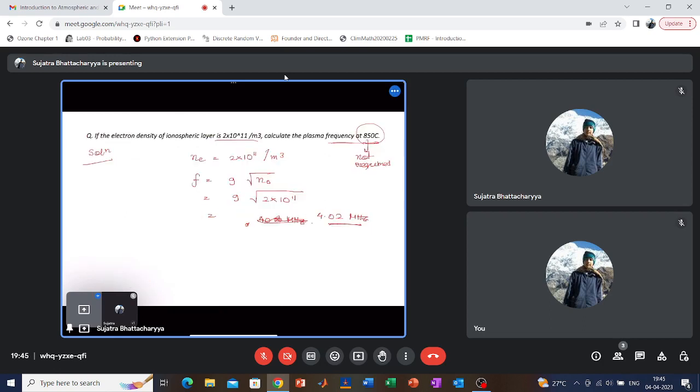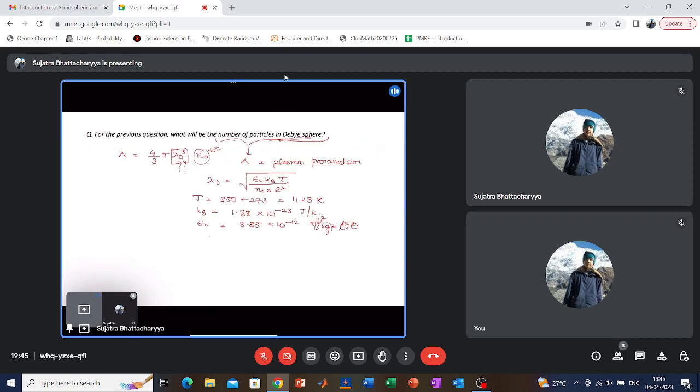I had written it wrong earlier. And what is E? 1.6 into 10 to the power minus 19. Okay, so lambda d can be easily found out.